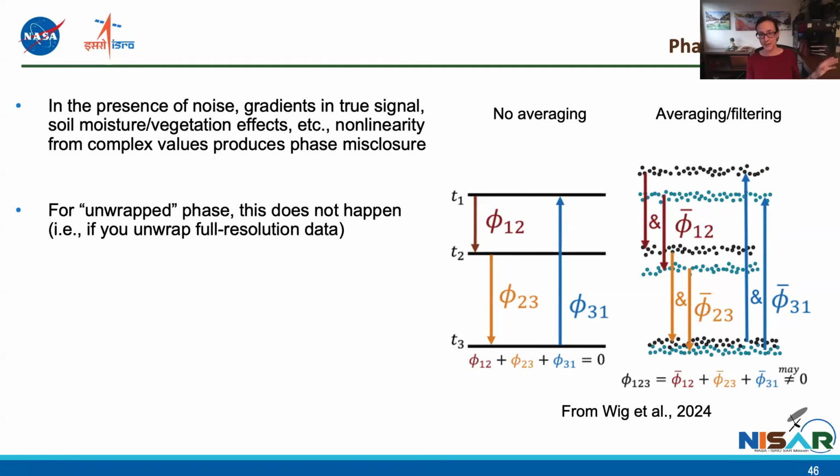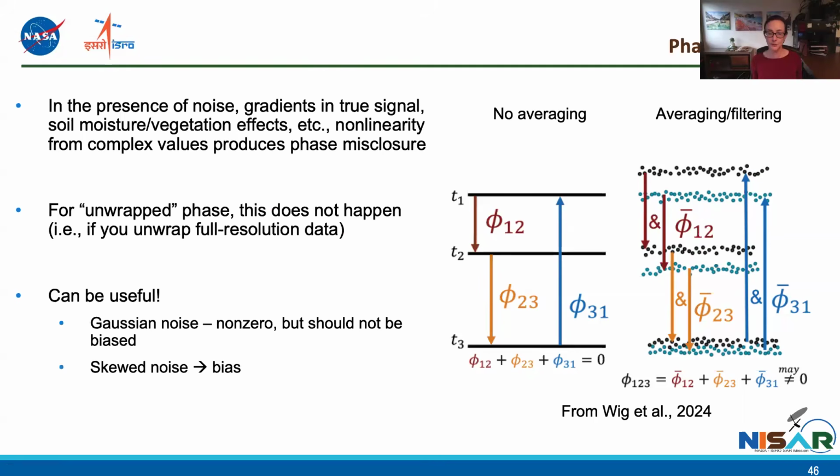If you unwrap the phase, now you have a real number, right? It's not a complex number anymore, and this doesn't hold. So if you work with unwrapped full resolution data, you're fine. But this is actually useful. This difference between what the two individual date 1 to date 2 and date 2 to date 3 interferograms compare to the date 3 to date 1 image tells you about the data itself.